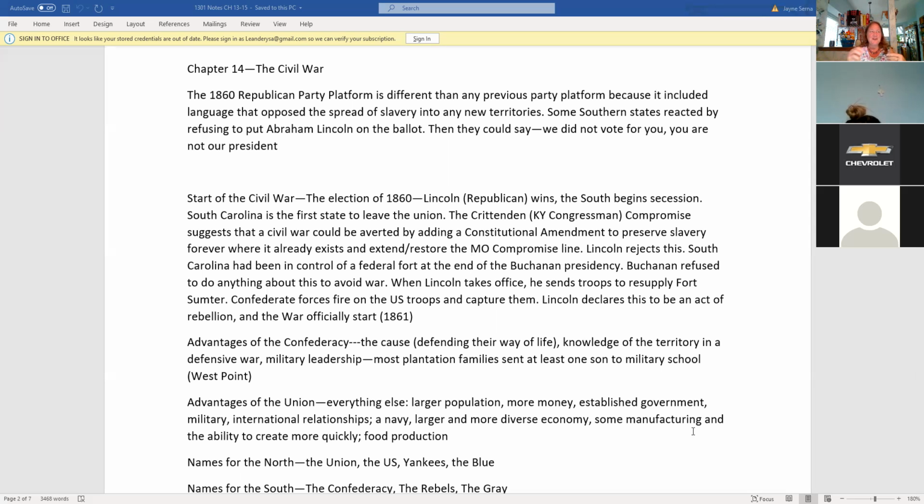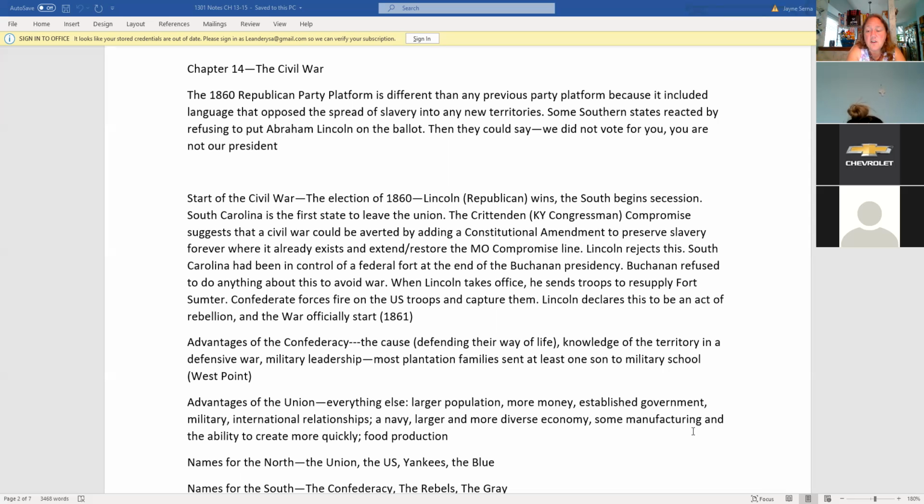Nobody's that excited about the Union, but preventing the dang Yankees from invading my house, that's inspiration. So the South is going to see the North as invading, and the North is going to see the South as doing something they don't have permission to do. It's like breaking curfew, or it's much more serious, but the South has a more inspirational cause.